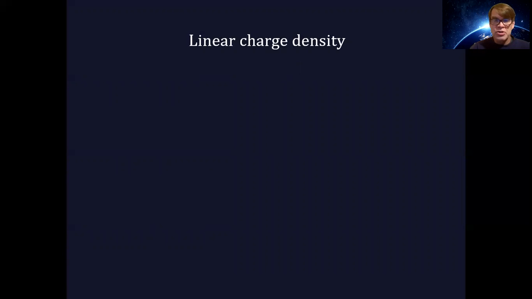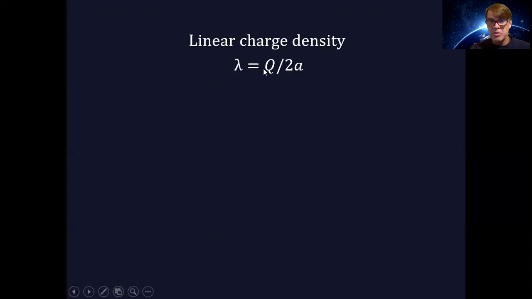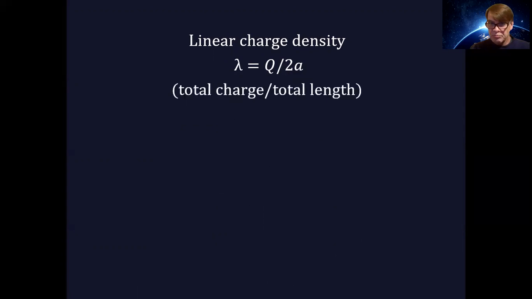If the total charge of this line is q and the total length is 2a, then the linear charge density is going to be q divided by 2a, right? So it's how dense the charge is. It's the charge per distance, total charge divided by total length. They wanted to get that concept into one of the examples.